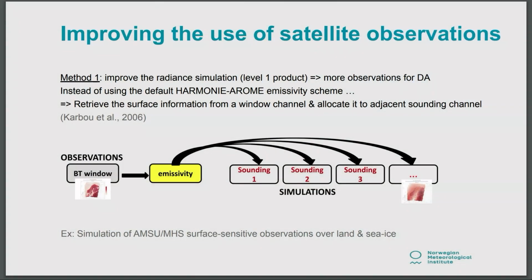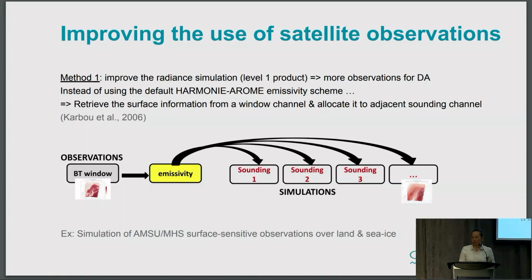Here we'll talk about the first methodology, which consists in improving the radiance simulation. So we're going to work with the level 1 product in order to be able to assimilate more observations. This is the methodology used by Fatima Karbou, and it is about retrieving the surface information from one channel on the instrument and then allocating this information to the adjacent channels.